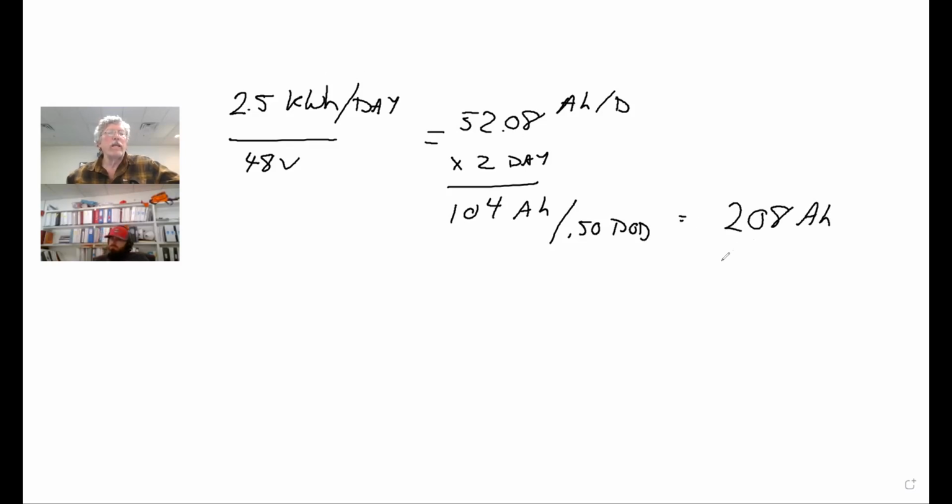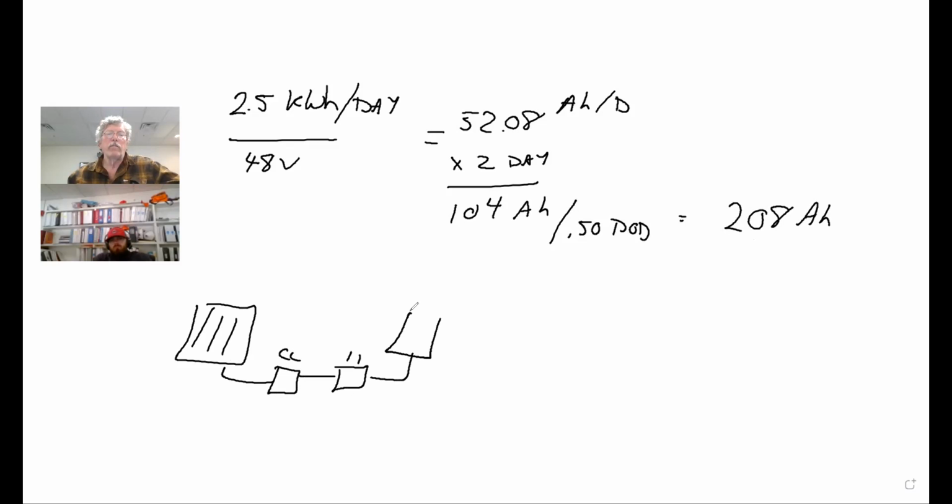But there's one more thing we need to do, and that is derate for the inverter. And the reason we do that is if you remember the system, there's a solar array, there's a charge controller, there's a battery, then there's an inverter, and then there's the load. Well, the only piece of electronics that's between the battery and the load is the inverter. So we have to derate from the battery to the load for the efficiency of the inverter.